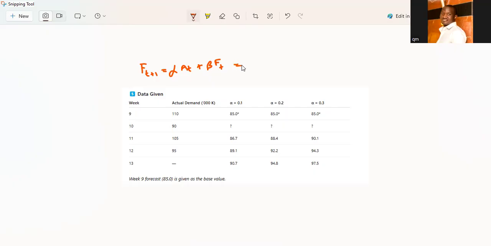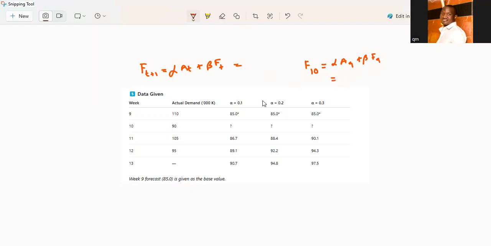In this regard, we want to calculate the missing value for F10, the forecast for period 10. At 0.1, F10 is equal to alpha times the actual demand for period 9, plus beta times the forecast for period 9 itself.